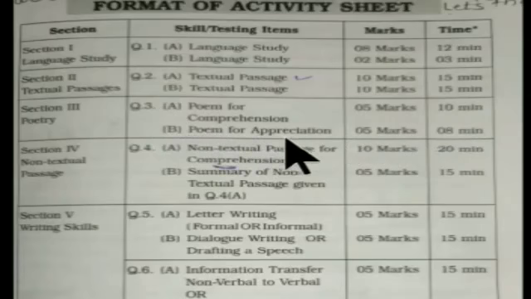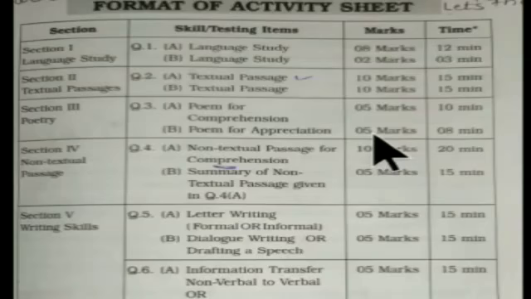Question number 3B, poem for appreciation. In this question, you have to write 5 points: title, poet, rhyme scheme, figure of speech, and central idea of the poem. Each point is for 1 mark and the central idea is for 2 marks.